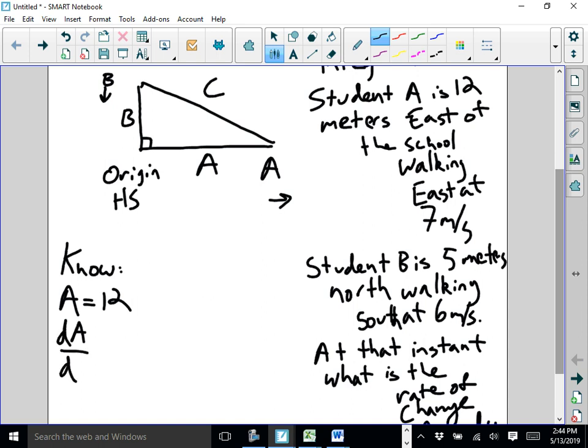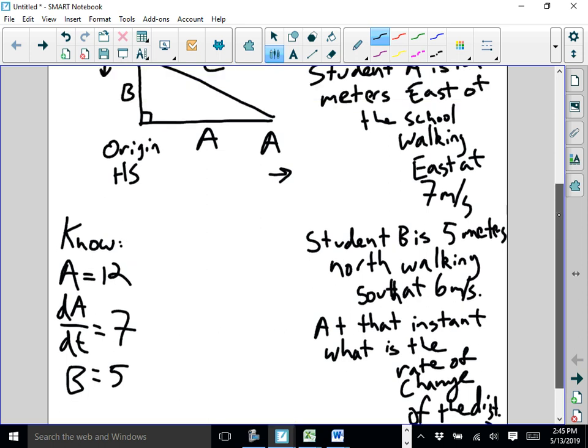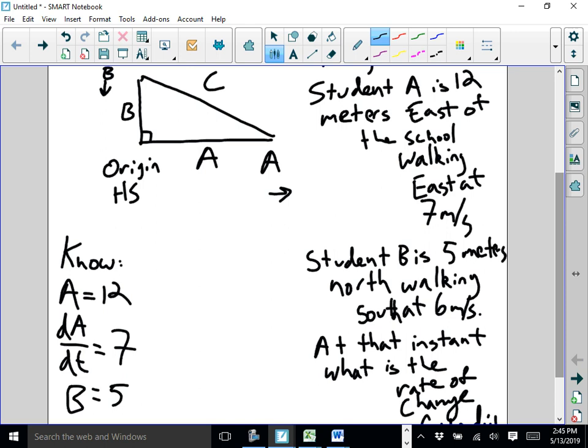Now let's list what I know about student B. Student B is 5 meters north. That's just an amount, so B equals 5. I know that student B is moving at a rate of 6 meters per second. But the key here is student B is moving south. Because this student is walking this direction, that side of our triangle is actually going to be decreasing.